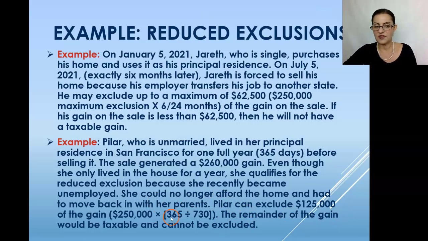Now, the remainder of the gain would be taxable and cannot be excluded. So she's going to pay tax on the remainder of that gain. And here's another tricky thing. Notice that in this example, she only owned it and lived in it for 365 days, which means she only owned the asset for exactly a year.